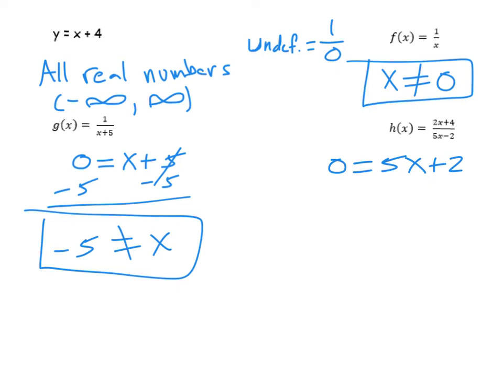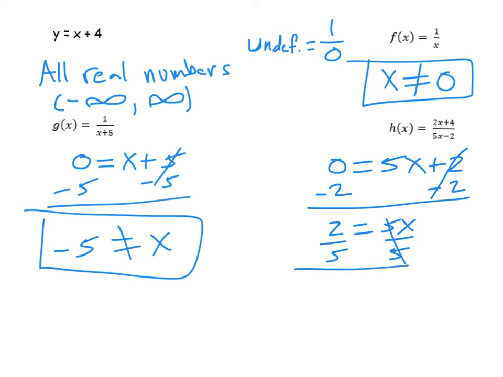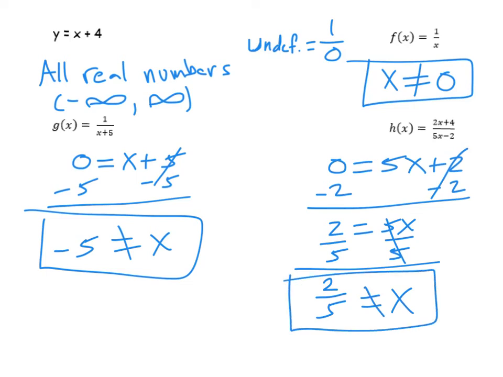Nothing we can't handle. And we get that x is 0.4 or 2 over 5. Cross it out. X can't be 2 over 5.